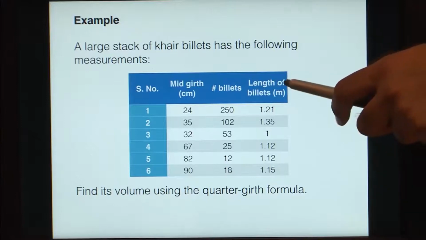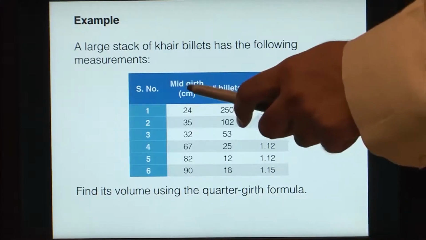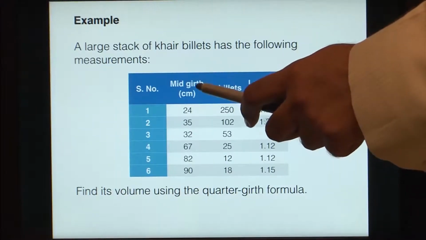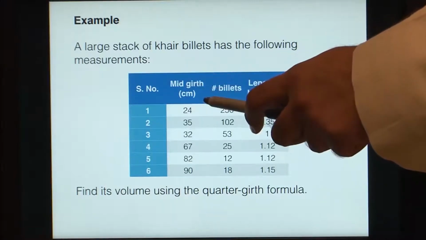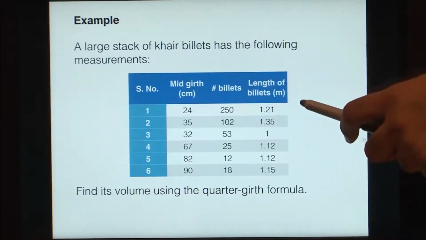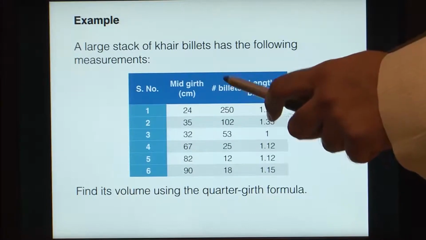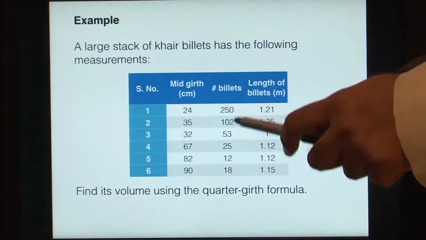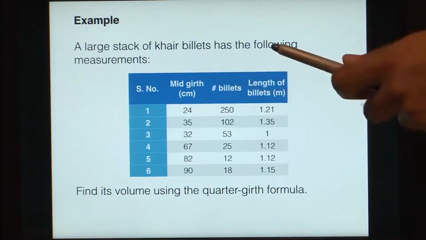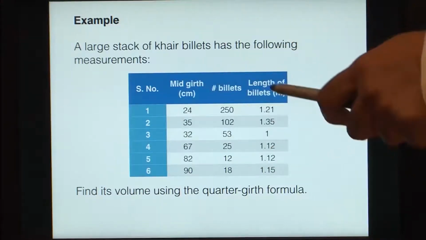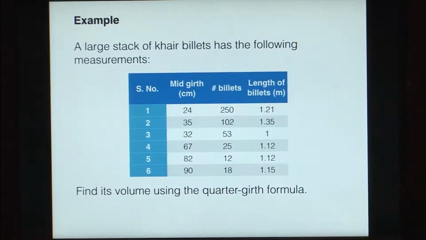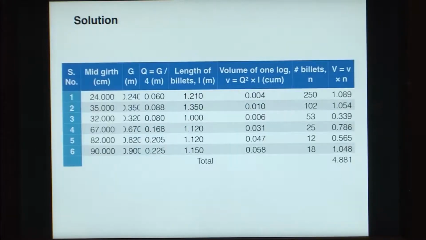So, you compute G by 4, then square that, multiply it by the length of the billets and by the number of billets. By using that you will get the volume of this substack, and if you total all the volumes you will get the volume of the complete large stack of billets. This is how we are going to do it.